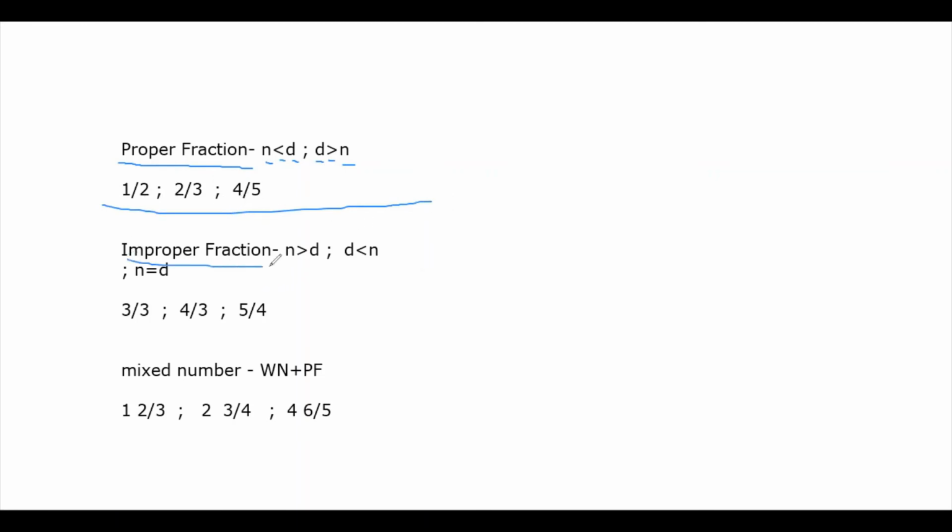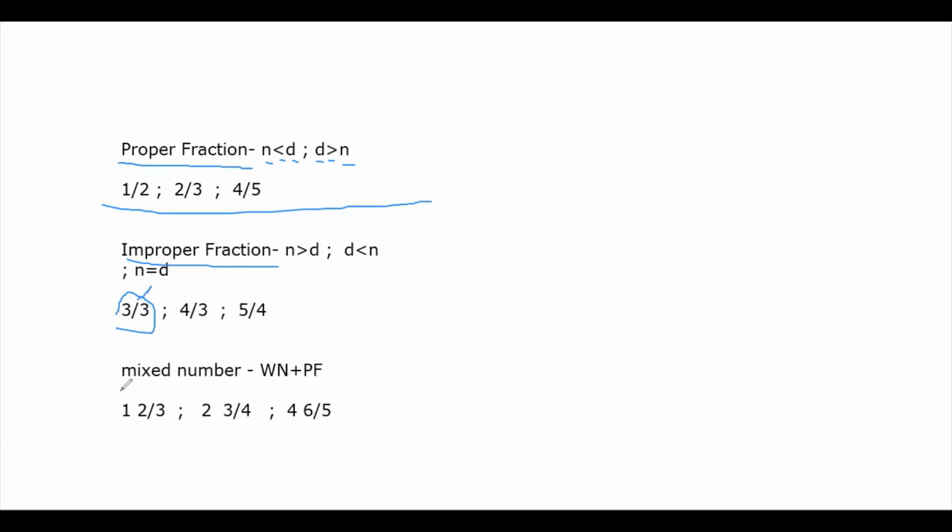The improper fraction, accordingly, my fellow learners out there, has a numerator greater than the denominator, or the denominator less than the numerator, or the numerator equal to the denominator. We have 3 over 3, an example of equal. We have 4/3 or 5/4.